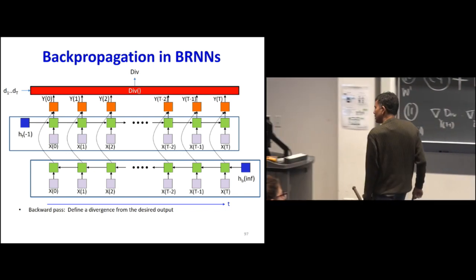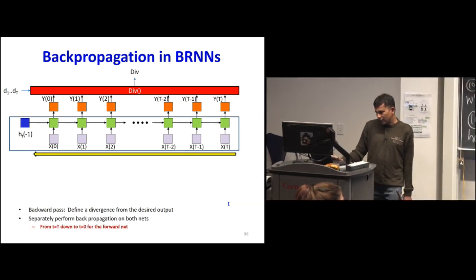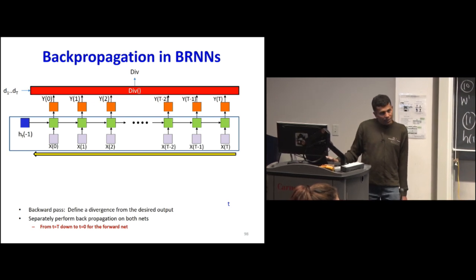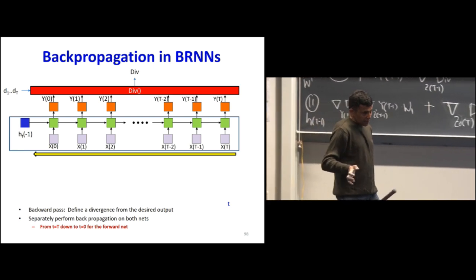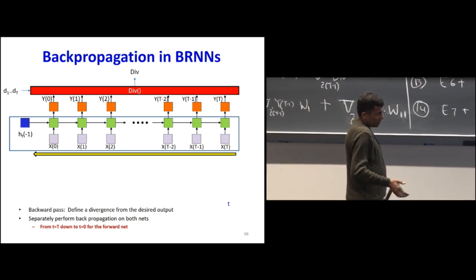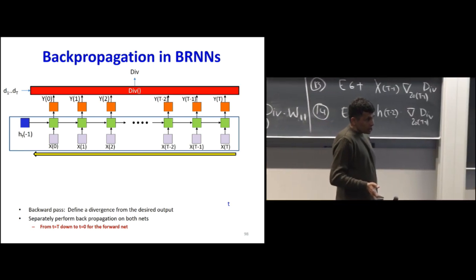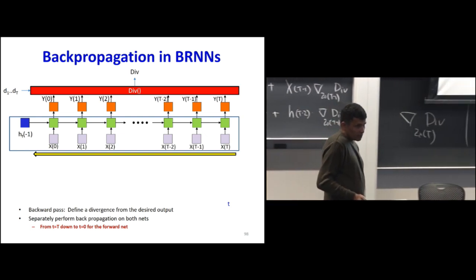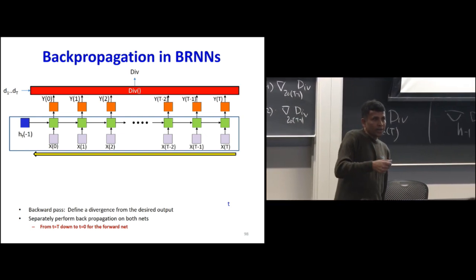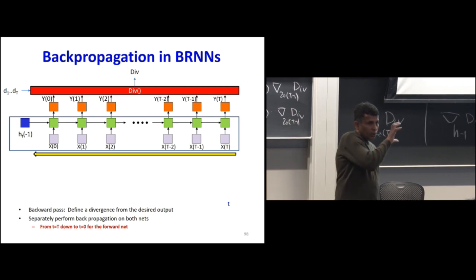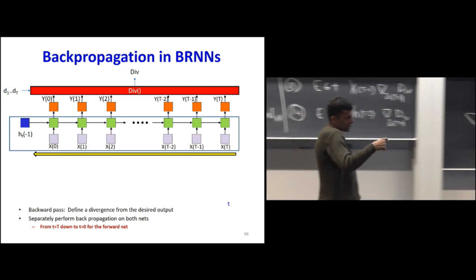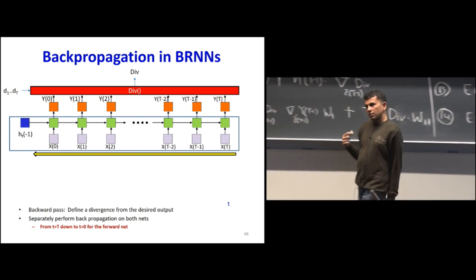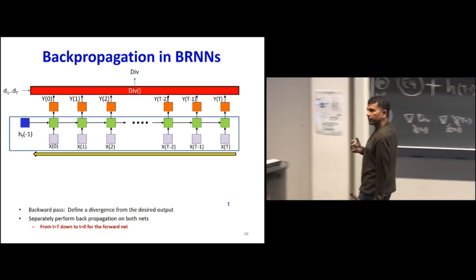Then in the backward pass, since the hidden states for the two networks are independently computed, and they're only connected through the output, you can look at the upper forward portion of the network and perform backpropagation and compute gradients for the entire forward network.